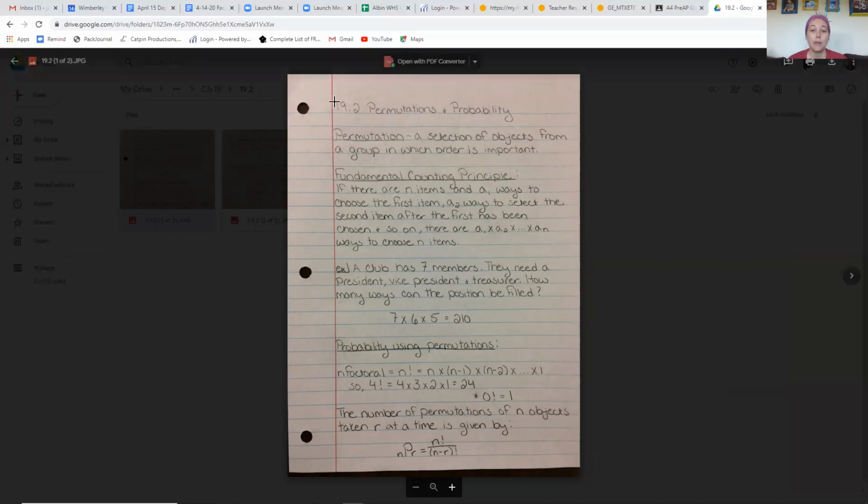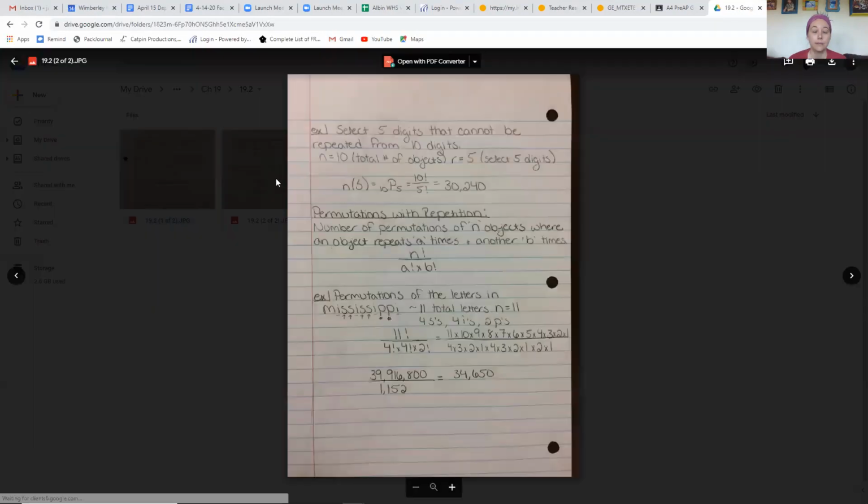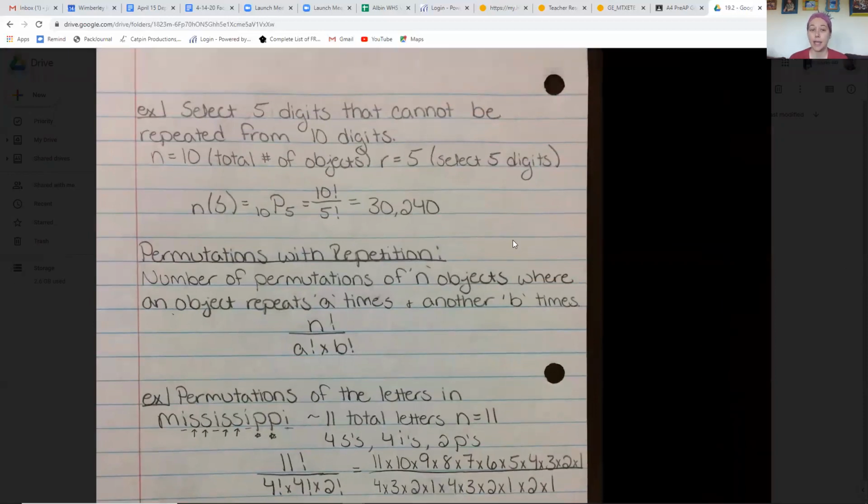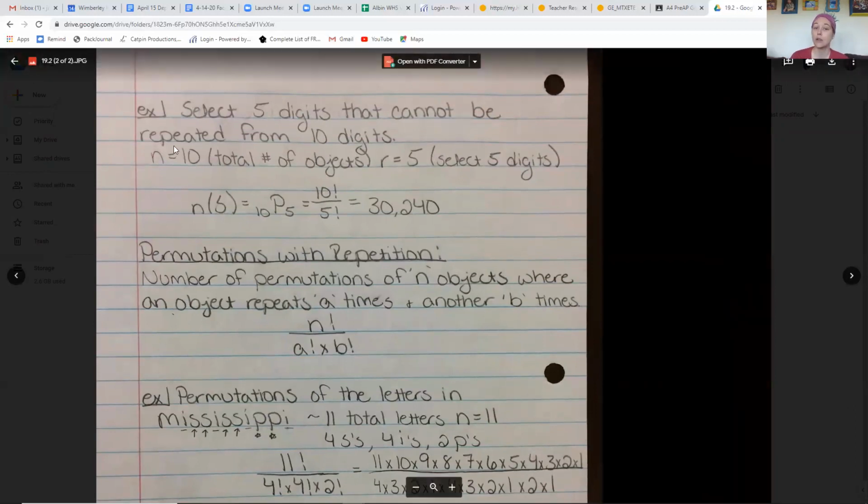Let's see what that could look like. So a quick example is if we're selecting 5 digits that cannot be repeated from 10 digits. So our n, our total number of objects, is 10, and r, the number that we're selecting, is 5.